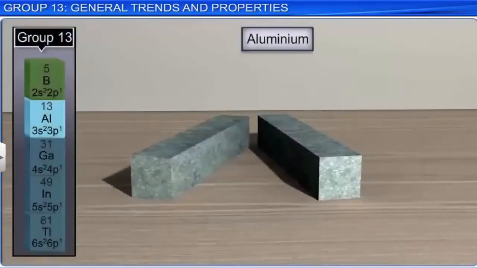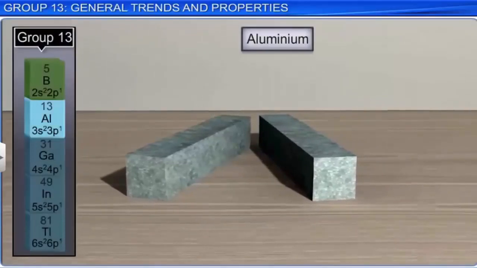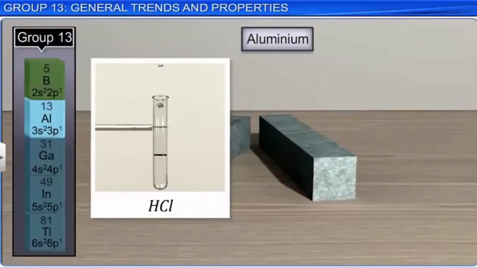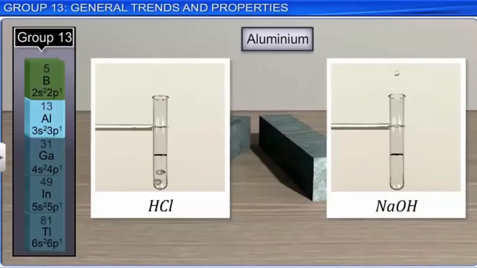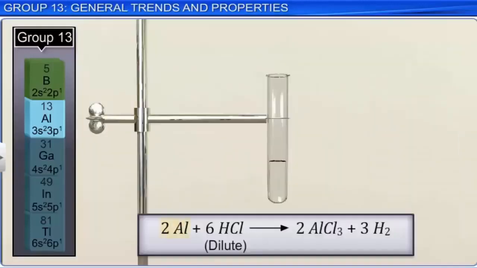Aluminium is amphoteric. It dissolves in mineral acids, such as HCl, and it dissolves in aqueous alkali solutions. Aluminium reacts with dilute hydrochloric acid in a single replacement reaction, as shown here.